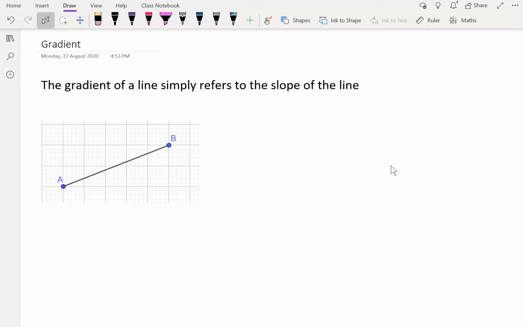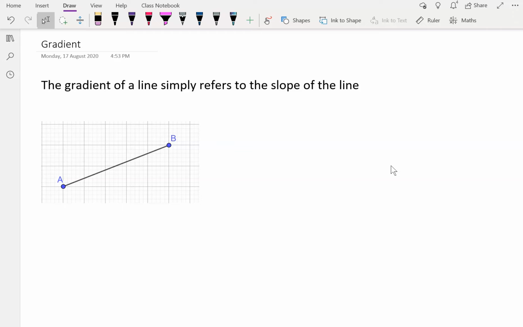So we want something that's a little bit more quantitative. Maybe I could say, to get from A to B, I've gone across a certain way and then I've gone up a certain amount. Or another person might say, no, to get from A to B, I've gone up a certain amount and then I've gone across a certain amount.